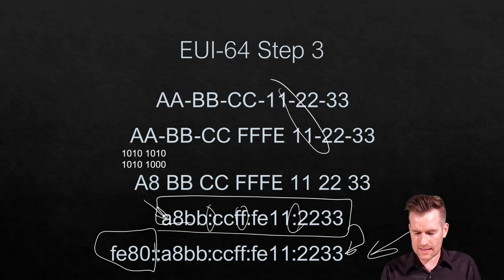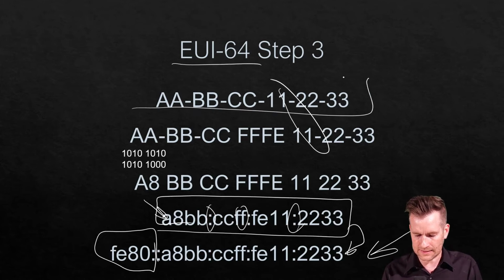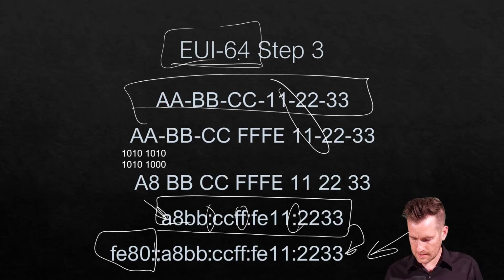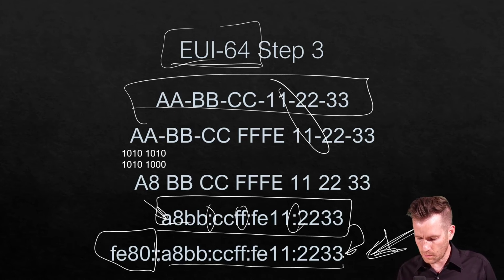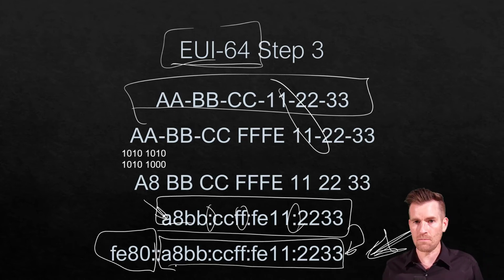So this process of taking the MAC address and putting it through this EUI-64 process, we then have a link local address, and because it has the MAC address incorporated into it, it should be unique on your network.